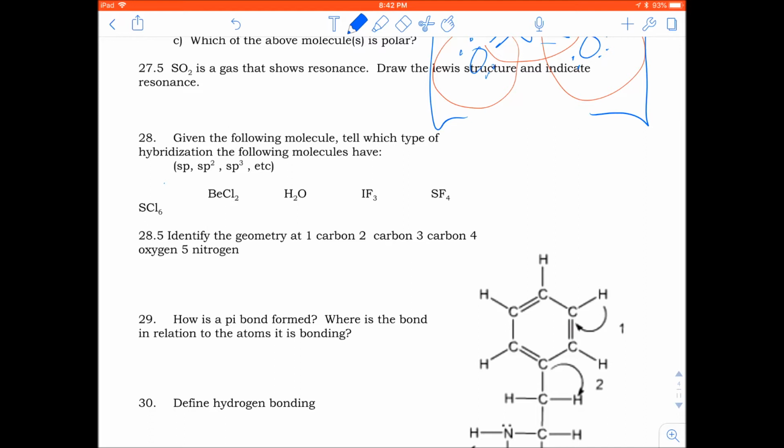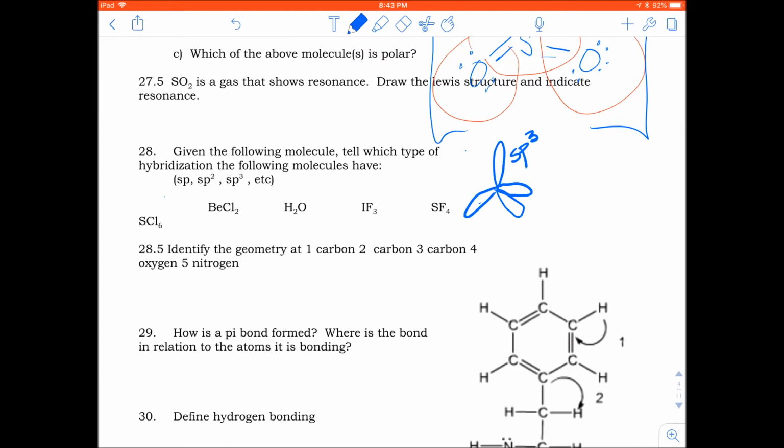This is what we would call sp3. So when you draw a Lewis structure, if you've got 4 bond areas, and I don't mean a double bond counts as 1 area, but if you have 4 bond areas, 3 bond areas and a lone pair, 2 bonds, 2 lone pairs, those are all tetrahedral.